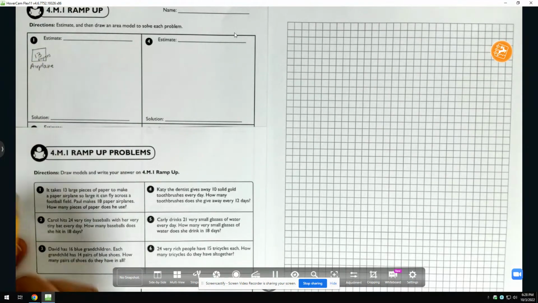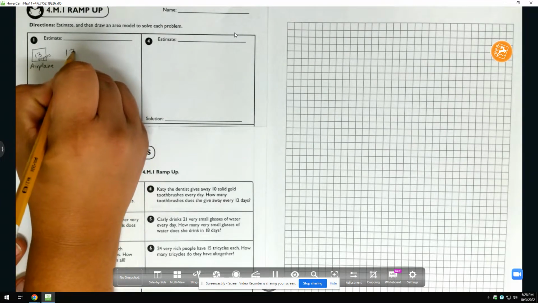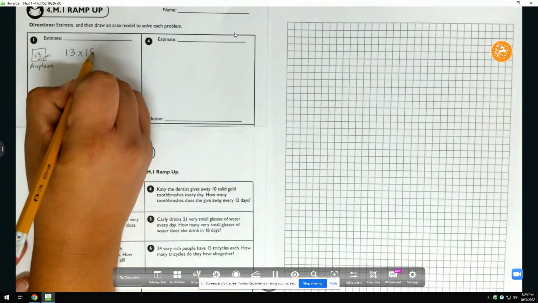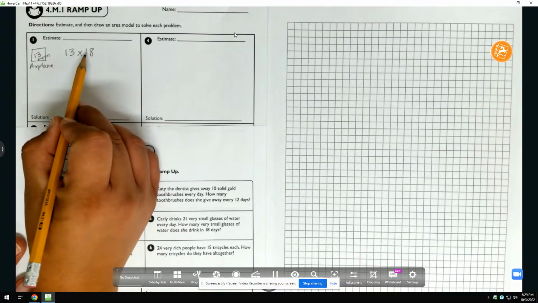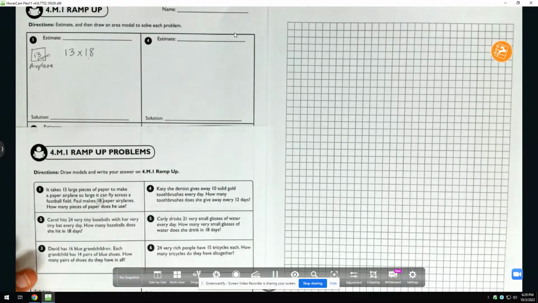So I know that I'm going to need 18 of these airplanes. So my equation is going to be 13 pieces of paper times 18 planes, because there's 13 pieces of paper per plane and I have 18 planes. So there's my equation, 13 times 18.